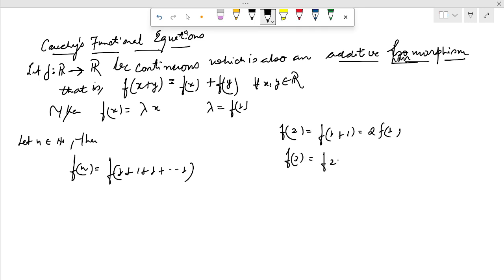It will be f(2+1), which is f(2) + f(1), and f(2) is already 2 times f(1), so 3 times f(1). So in general, f(n) is f(1) added n times, which is nothing but n times f(1). So for all natural numbers, f(n) equals n times f(1). This is the first thing that we can address.